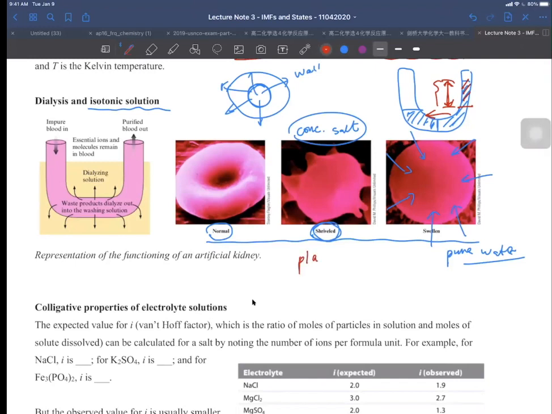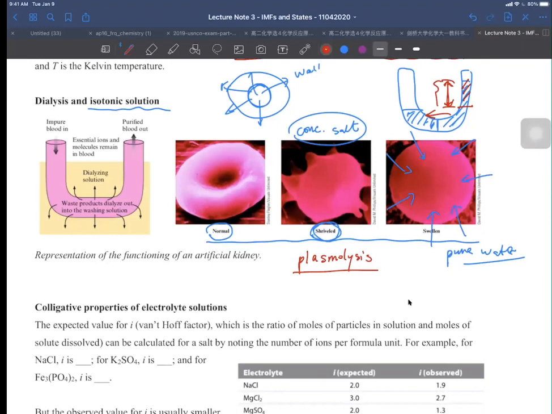It's called plasmolysis. Basically, the separation of the cell wall and the cell membrane of plant cells when they are put into a more concentrated solution. Okay.